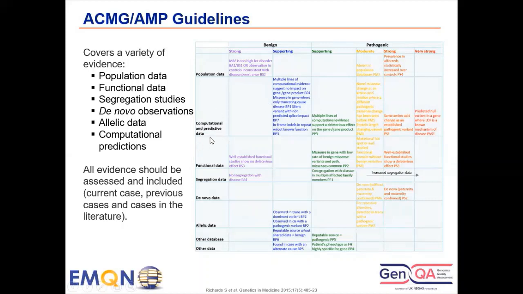Furthermore, there is computational and predictive data. There are very user-friendly prediction programs that can be applied, however, the evidence that's related to that should not weigh too much in the decision tree.